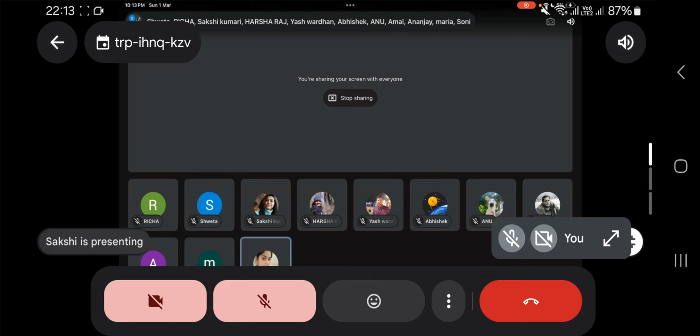Ma'am, I live in district Etah. Name I can't recognize actually. Anyone else? Abhishek, where is your home? Vaishali district, ma'am. It's very near to Patna.